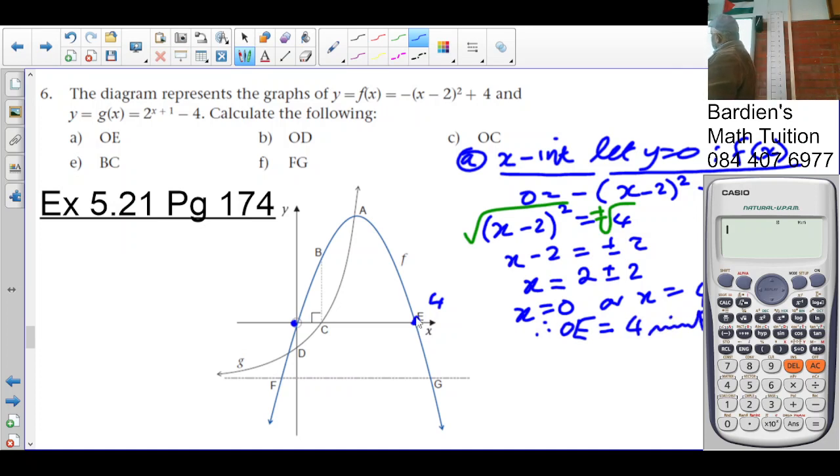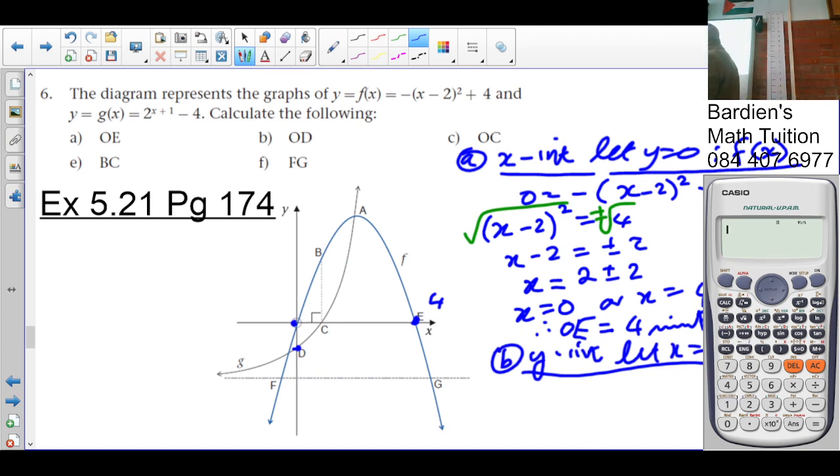Okay. Then I want to know OD. What is D to us? D is the y-intercept. How do you calculate y-intercept? With x equal to 0. Of which graph is this? So the g of x graph.